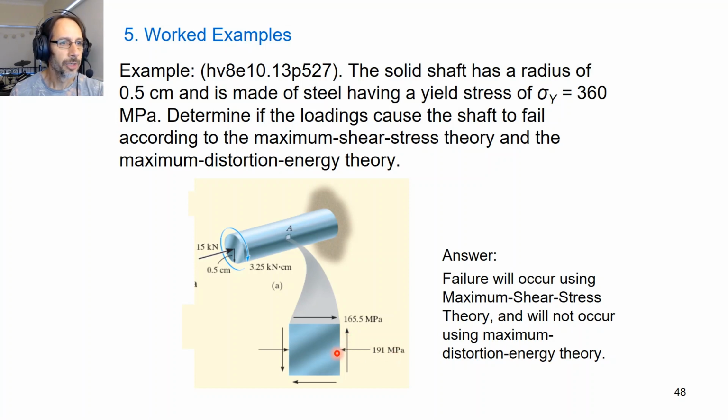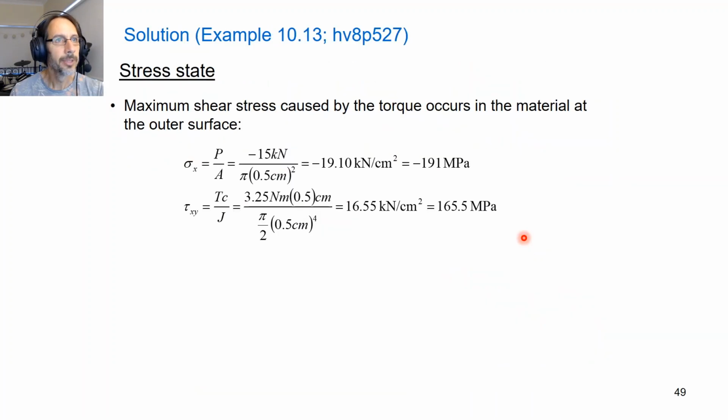So we've got a normal stress in one direction and a shear stress, and we're asked to determine if these loads cause the shaft to fail, or to yield in this case, according to the maximum shear stress theory and the maximum distortion energy theory. So you've got an answer there that we're going to work to.